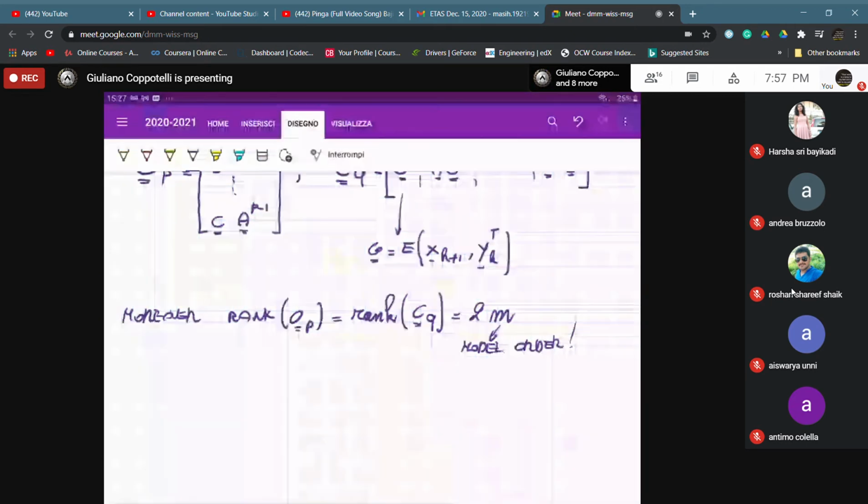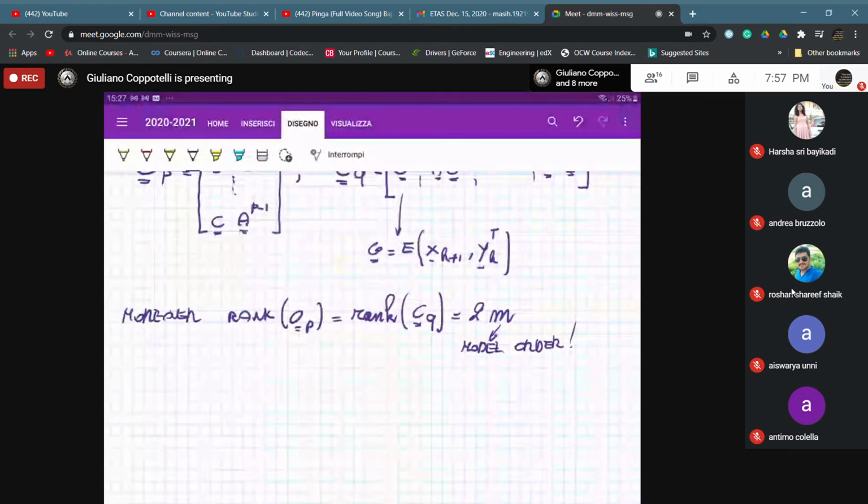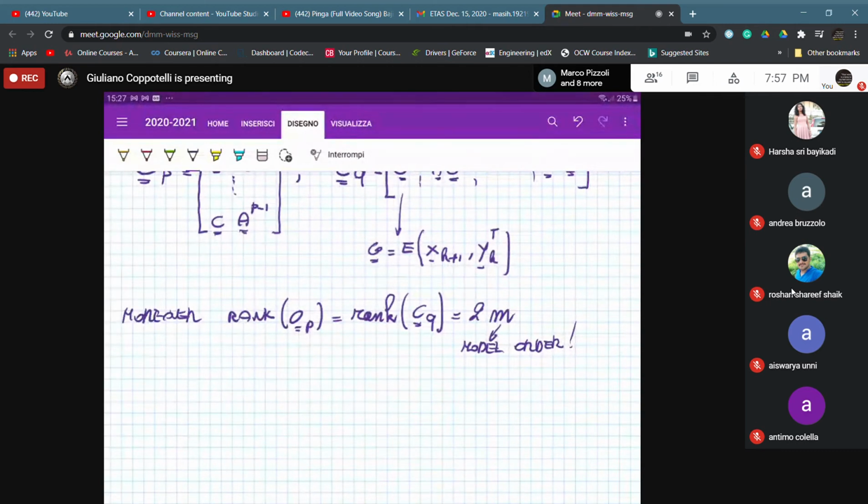Now the question is, how can we solve for that? Please remember the singular value decomposition.